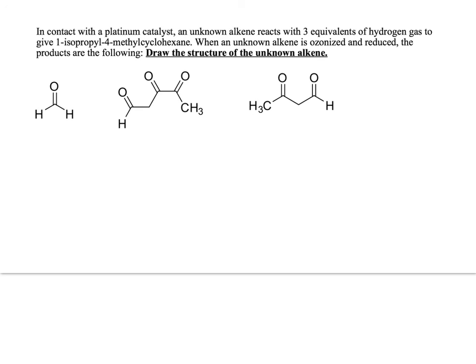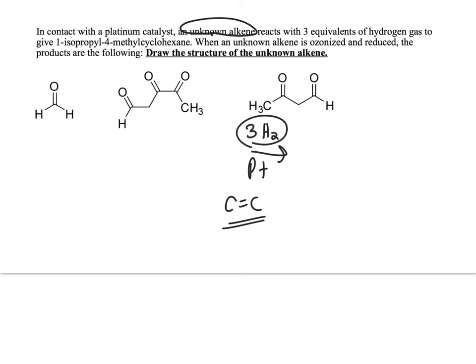Okay, so we're trying to get the unknown alkene, and it reacts with 3 equivalents of hydrogen on platinum. So that means we have 3 alkenes. We're reducing 3 alkenes. And the final structure is 4-methylcyclohexane, 1-isopropyl.